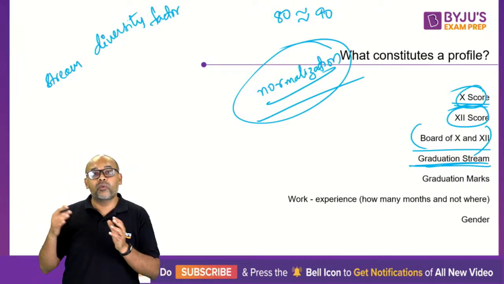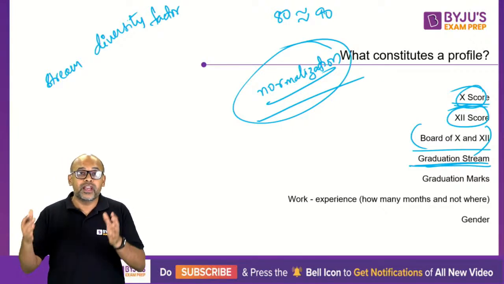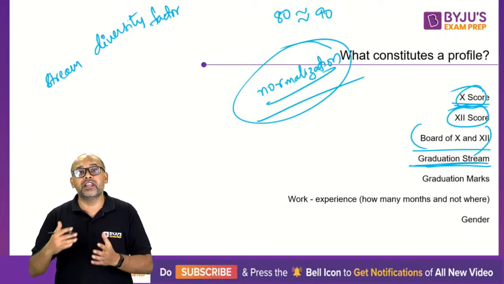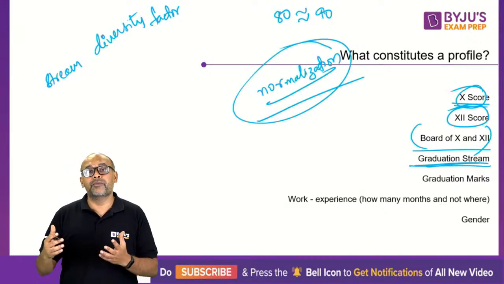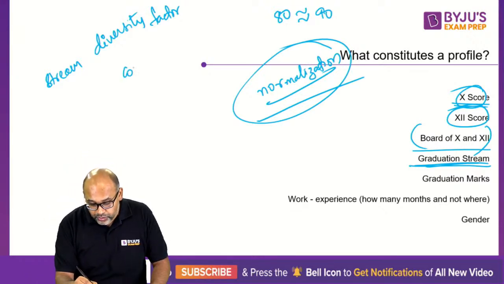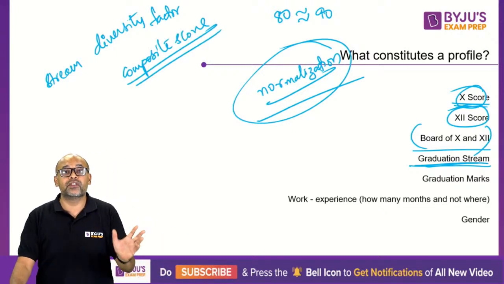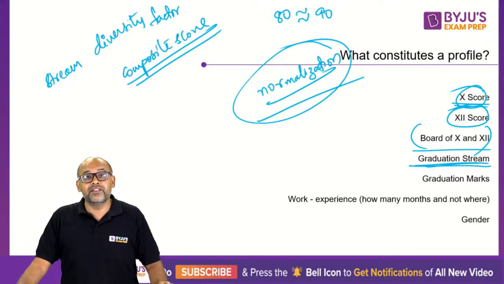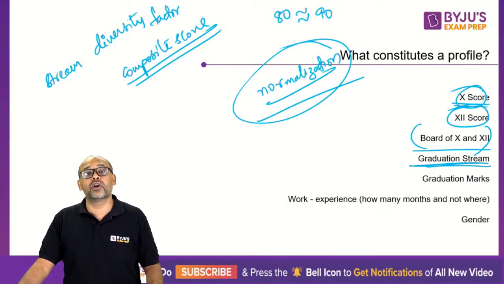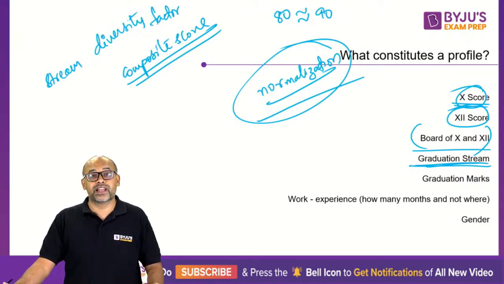So they will award extra marks at the time of calculating your final, what is called a composite score. In fact, I have taken another session, one of my sessions which I have done very recently, where I have explained the process of this composite score. I have taken IIM Calcutta as an example, and I explained how this composite score is calculated.